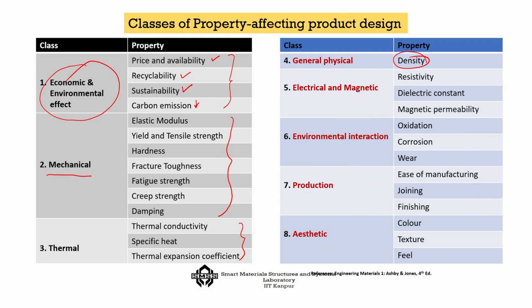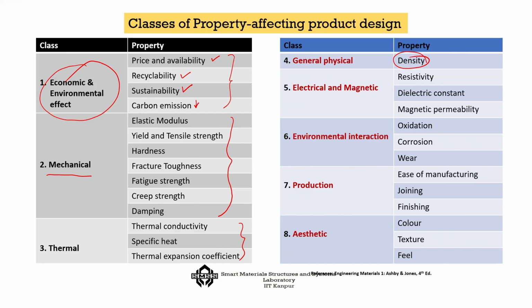Now, electrical and magnetic properties come wherever the mechanical system interfaces with an electrical system. For example, you are building a robot which contains a lot of motors, etc. So, the electrical and magnetic properties become important. So, there you have to talk about things like resistivity, dielectric constant, magnetic permeability, etc.